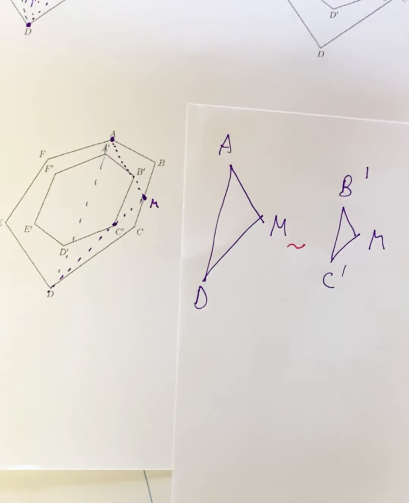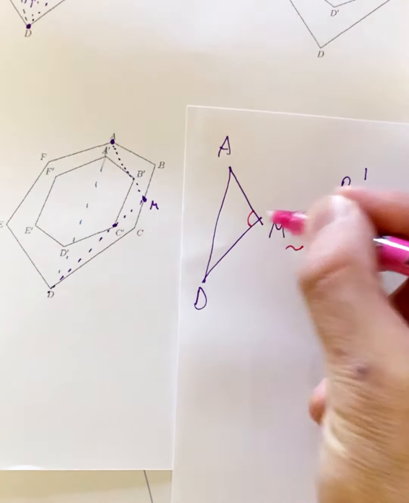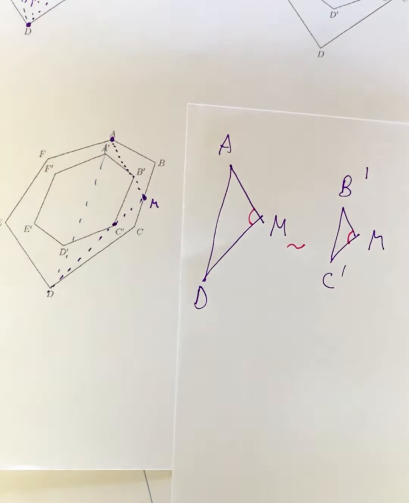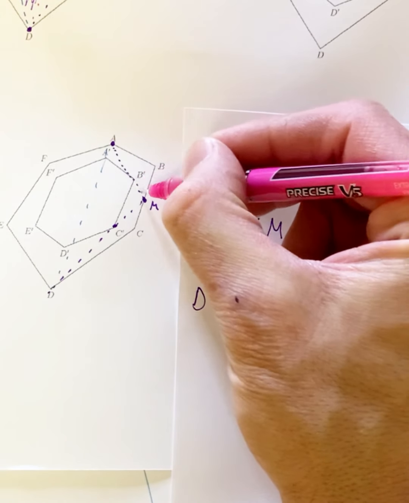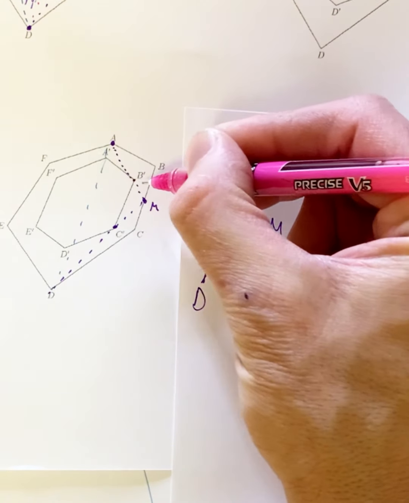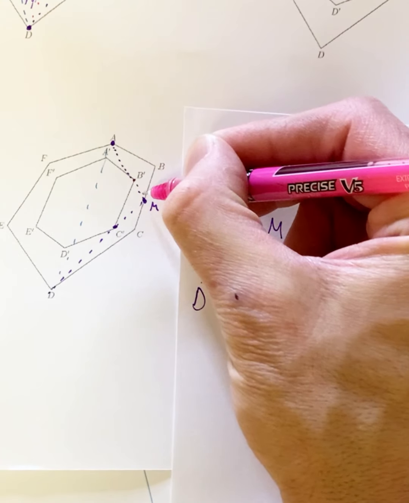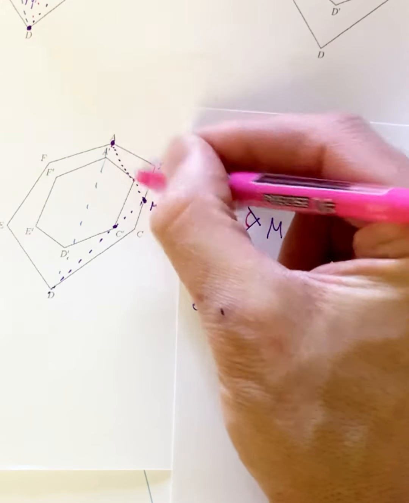And the reason for that is because the triangles have one matching angle, and they also have proportional sides because watch, this is a median, which means that this is the centroid, and this here is 1/3 of that there.